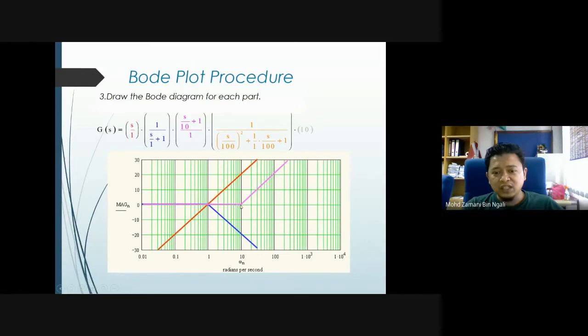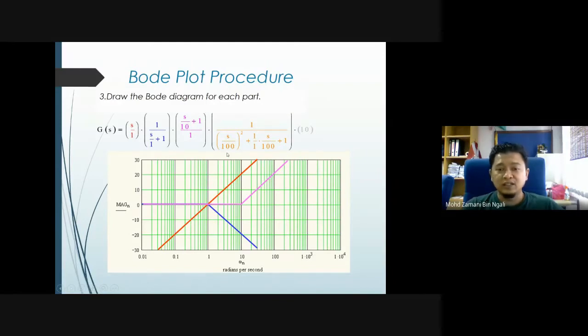When it reaches 10, it goes up until the end. This one also goes up until the end. For this case, S is to the power of 2. So instead of 20 decibel per decade, it is 40 decibel per decade. Where it starts here is 100.